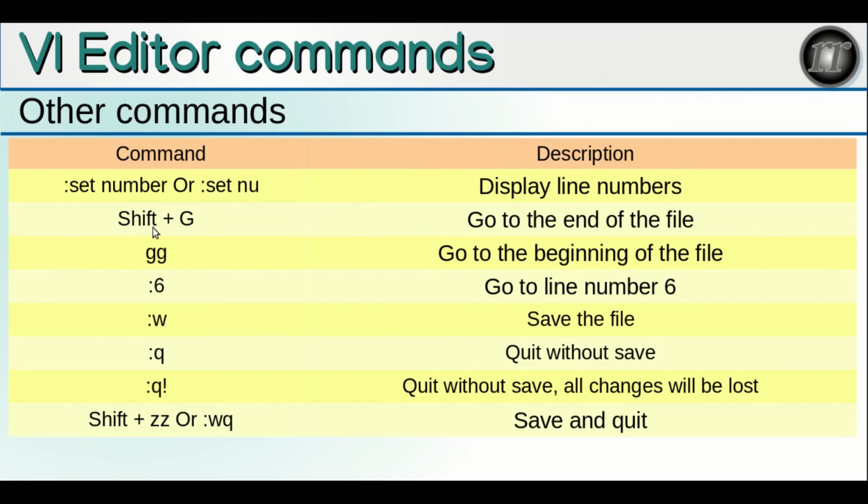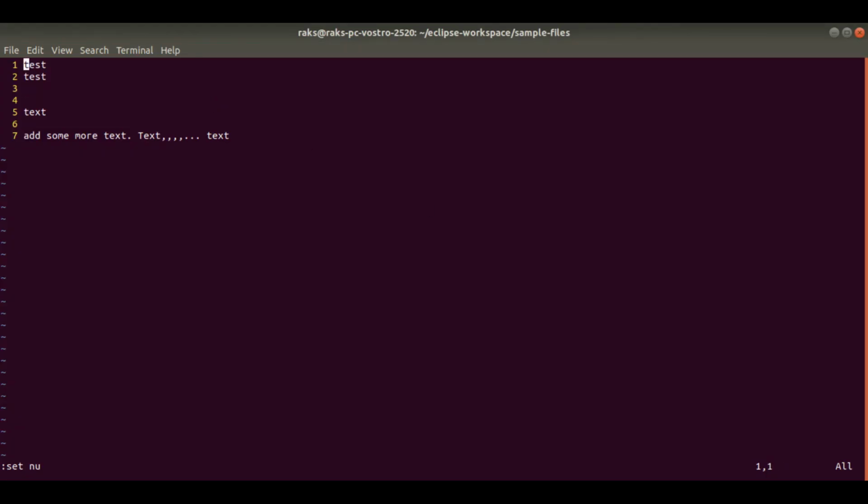The next command is shift G, which will navigate to the end of the file. Suppose your cursor is at the first line and you want to go to the end of the file, then you just press shift G. You can see the cursor is now at the 7th line, which is the end of the file.